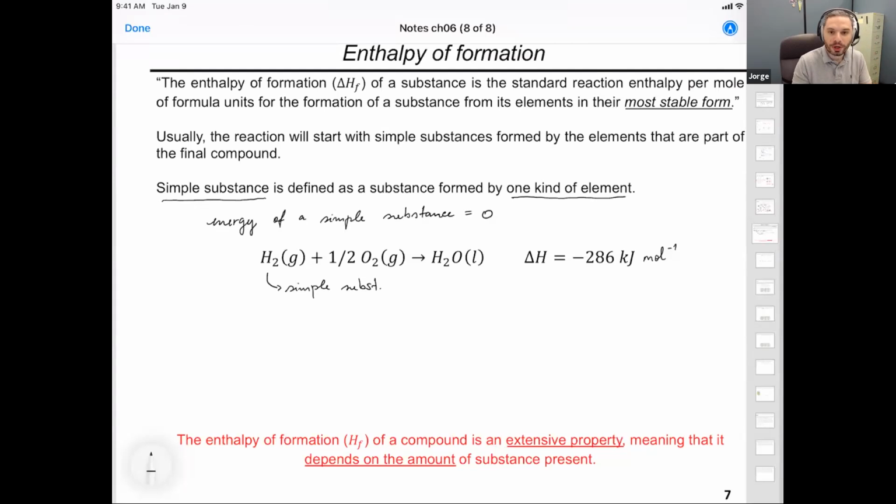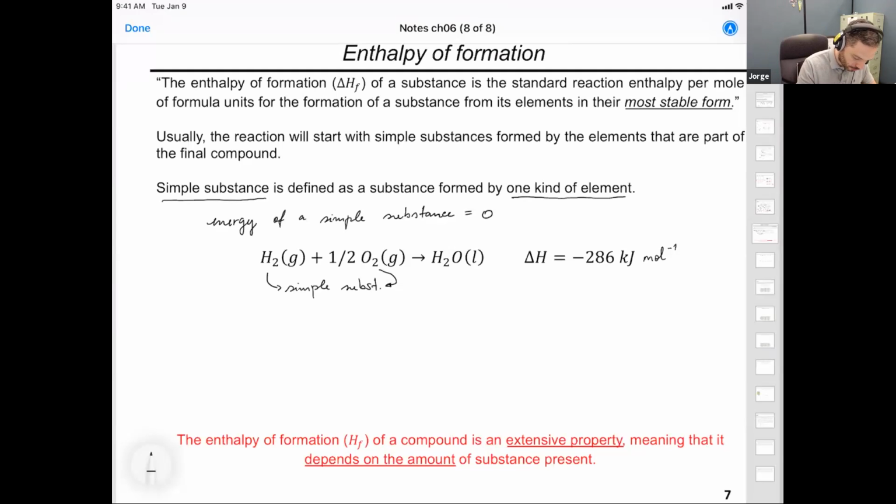The second component is oxygen gas, which is oxygen bonded to oxygen, therefore a simple substance as well, because it is formed by only one kind of element. See here that all the reagents are simple substances, and therefore, by definition, the energy of simple substances is zero.